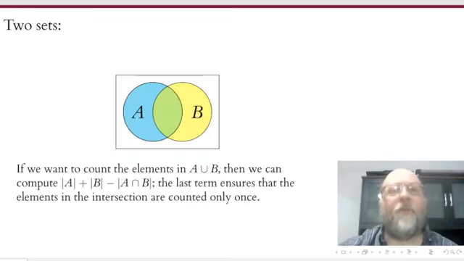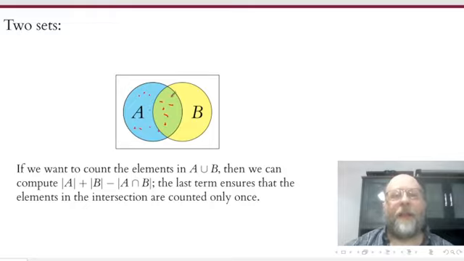So in an inclusive OR situation, when we have two sets, we could divide this into three pieces and think about the three pieces together. But the other way we can do this is we can think about the set A and go ahead and count everything in A. Now, one of those wasn't in set A. There we go.